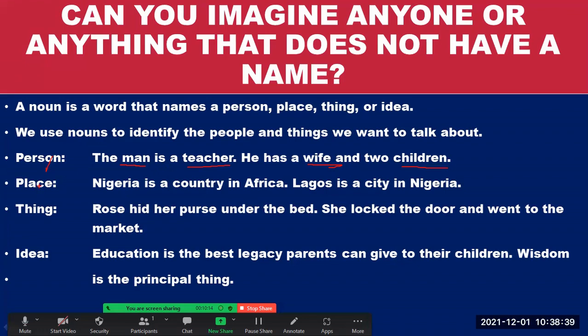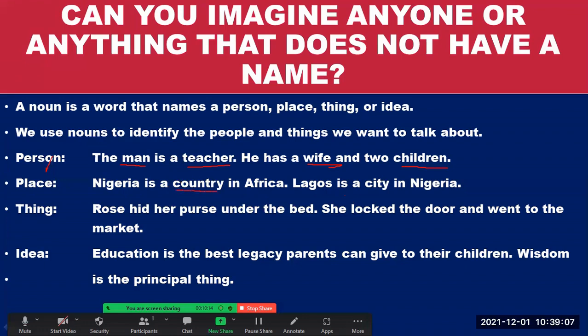Now, a similar thing applies to places. If we want to talk about a place, then of course, we also use a noun. Nigeria is a country. Nigeria is a country in Africa, all right? Lagos is a city in Nigeria.